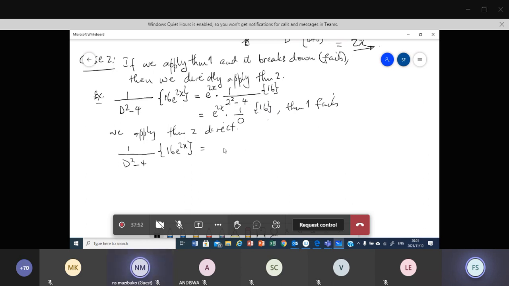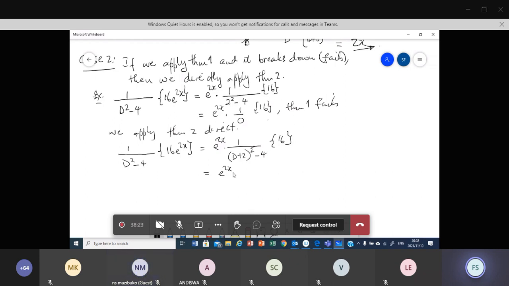When we apply Theorem 2, D is replaced by D plus the coefficient of the index. But e to the power 2x must come in front. So e to the power 2x, 1 all over D plus 2 all squared minus 4 on 16. That gives us e to the power 2x, 1 all over D squared plus 4D plus 4 minus 4.